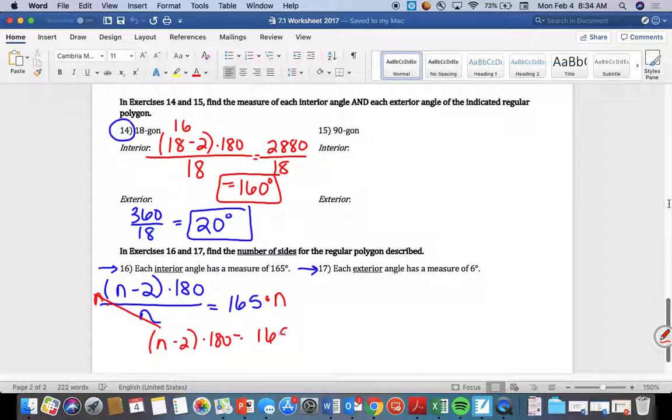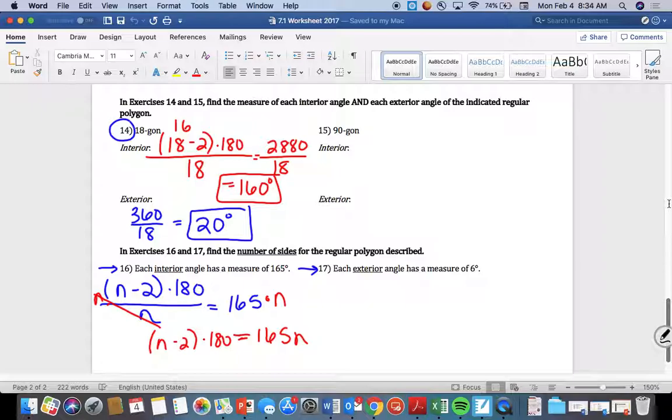It just moved to the other side. So don't let it eliminate, because then you're going to get weird answers here. And then I feel like you should be able to solve from there. Use your notes as a reference, but that at least got rid of the fraction for you. Distribute that 180 through.